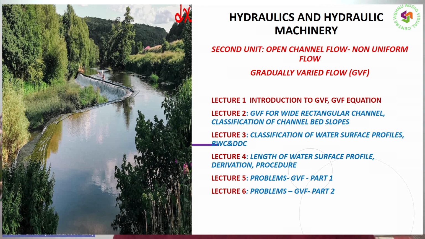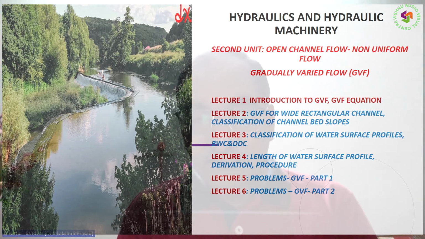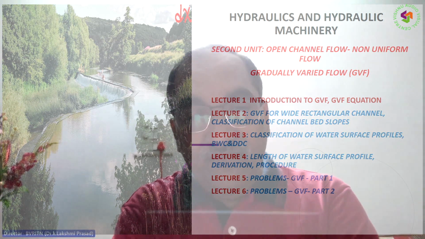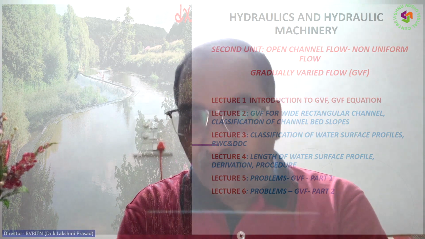So S0 minus SF divided by 1 minus Fr square is equal to dy by dx. This is the general equation of gradually varied flow.